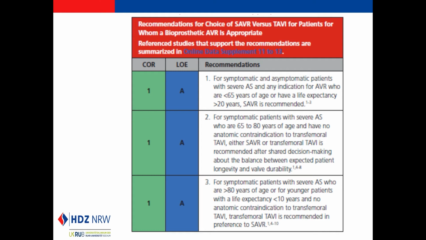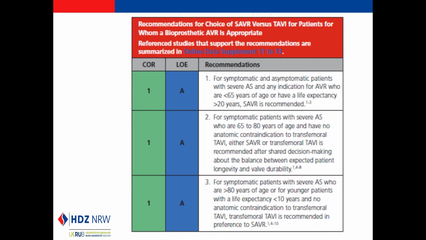However, patients over 65 up to 80 years should receive the TAVI procedure if there are no anatomical contraindications. And over 80 years, TAVI procedure is indicated in mostly all patients. So what you see here is that the trend for TAVI is for more younger and fitter patients.